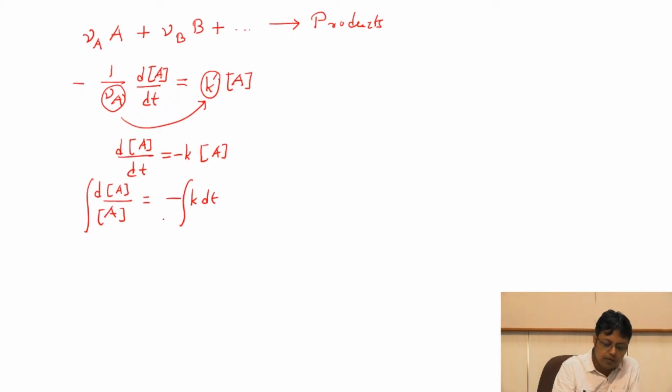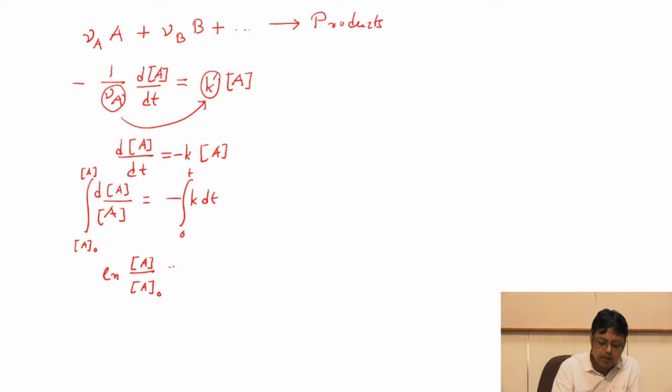We go from 0 to some time t, and initially suppose I have a concentration A0 which goes to A. You know the first order rate equation, what is the integrated form, when you did radioactivity, that also follows the first order rate equation.